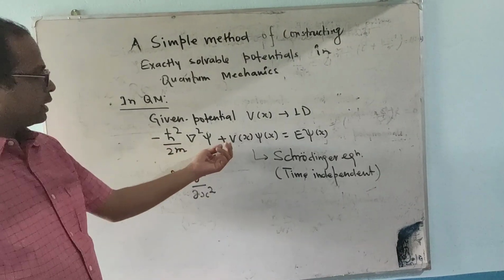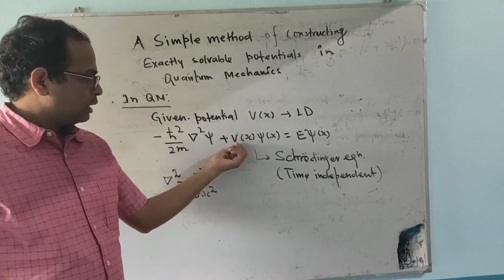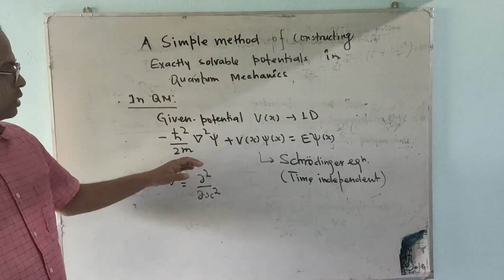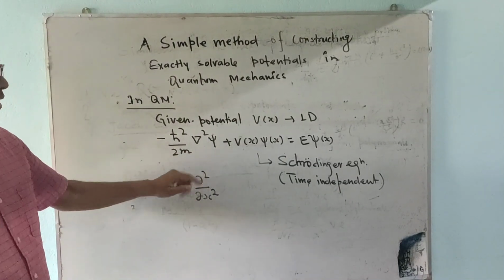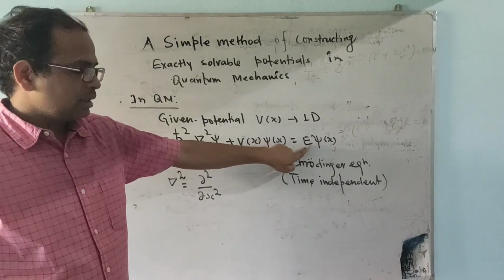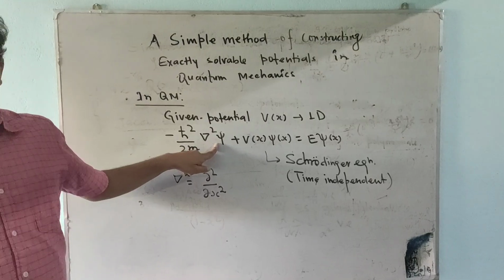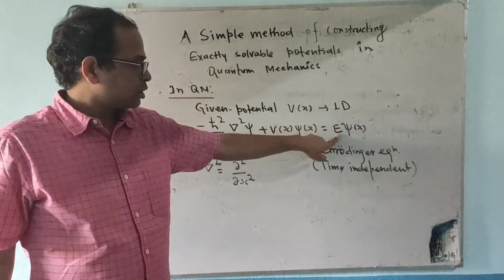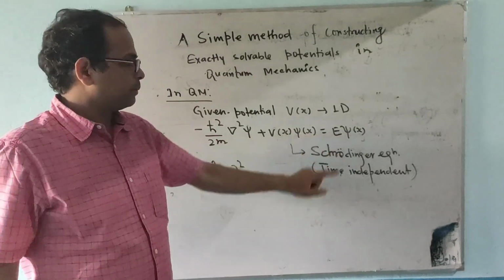So for a given potential, to get the solution of this Schrodinger equation, you have to find psi and E, the wave function associated with this potential and the energy eigenvalue corresponding to this system.